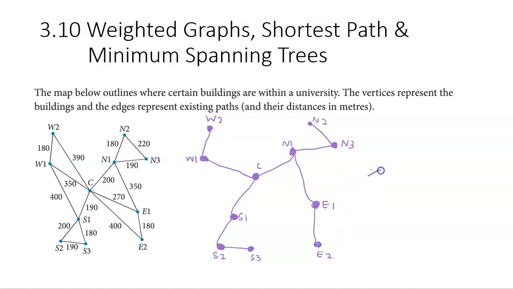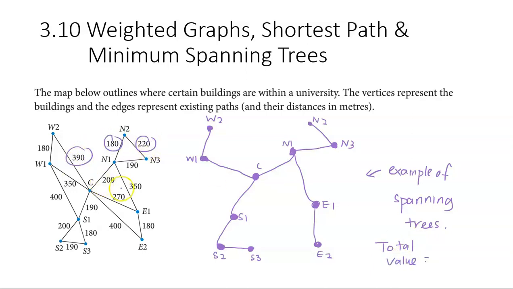This is one example of a spanning tree. But how should I make sure that the spanning tree that I draw is the minimum one? That means it should have the total value, the total of the values over here, kept as minimum. This is our objective today.